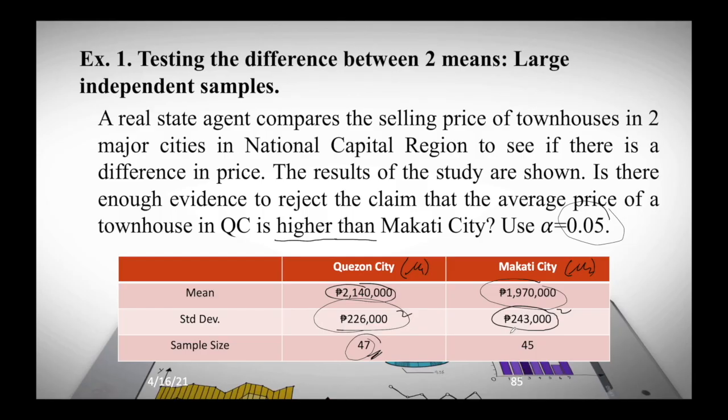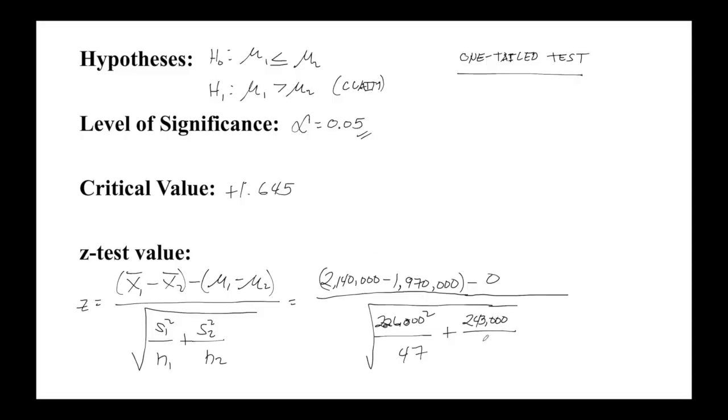The sample size of Makati is 45. Upon computing this on your scientific calculator, you can get a value of 3.471.